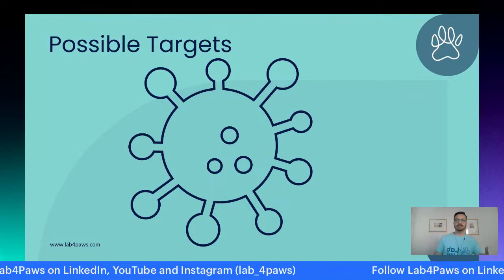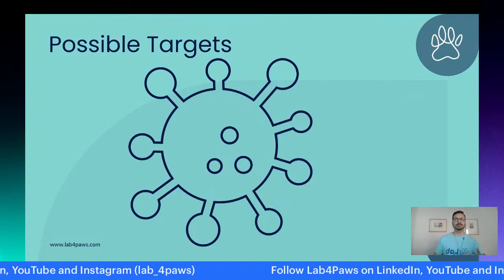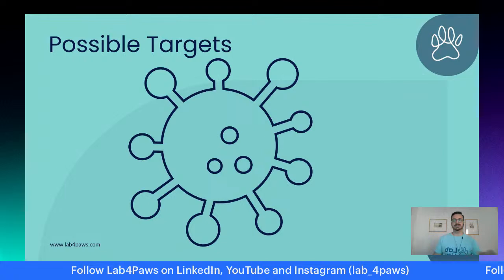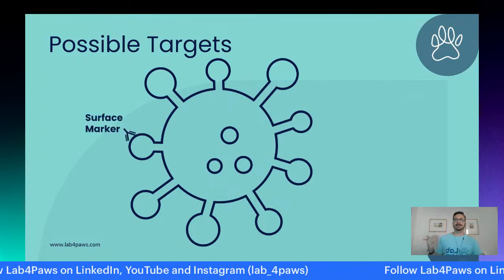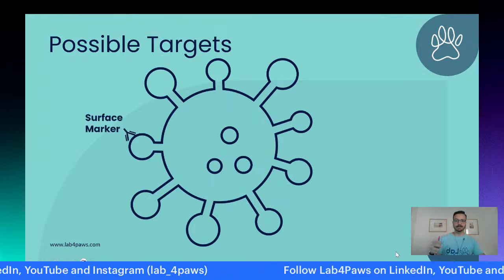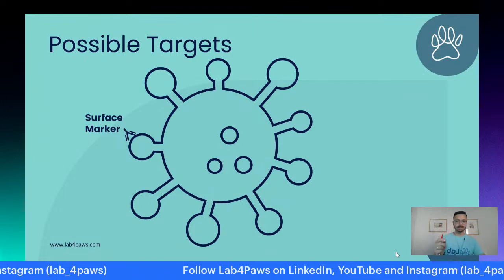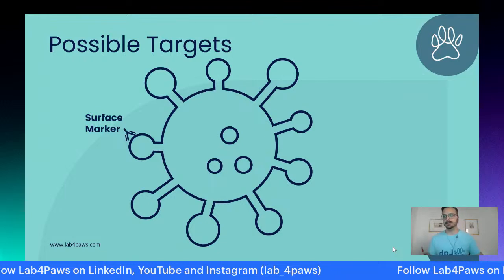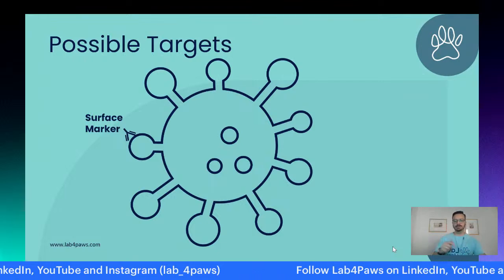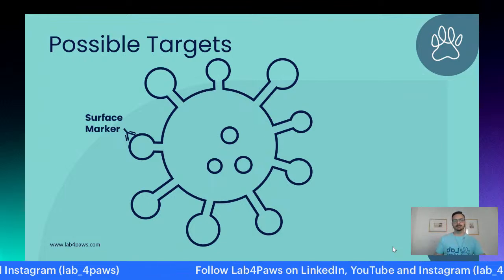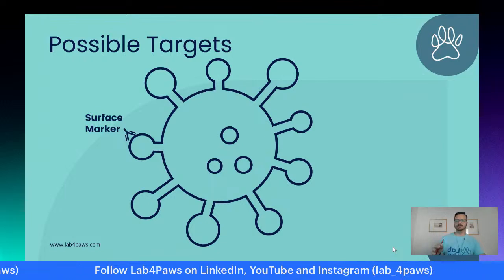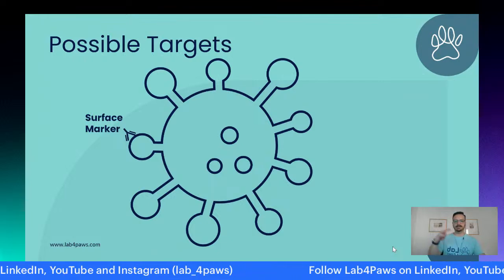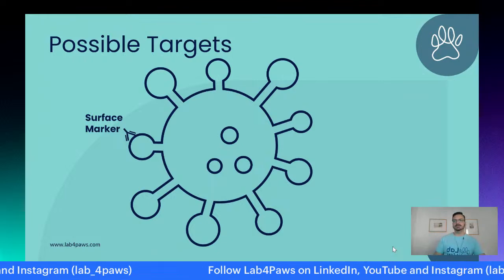One of the classical ways of developing targets, especially in the therapeutic or diagnostic field, was to say, okay, I will take a marker that is on the surface and I will design an antibody against that. And here we can discuss whether a monoclonal or polyclonal antibody, or what else, would be better suited. But that was the original approach. There's a marker and I create an antibody for that.